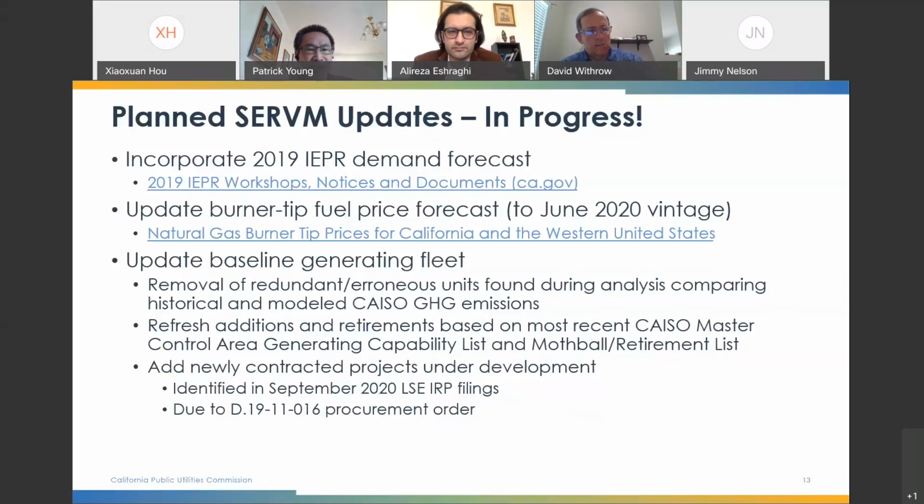These will be identified through analysis of the September 2020 LSE IRP data template and any contracts signed to fulfill the D.19-11-016 procurement order from earlier this year. If you don't recall, that was the near-term reliability procurement order for 3.3 gigawatts of system capacity.